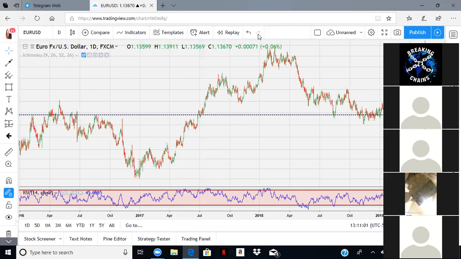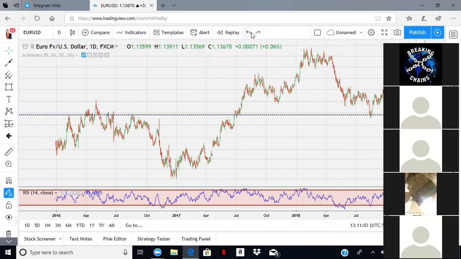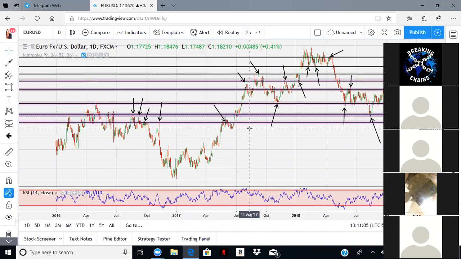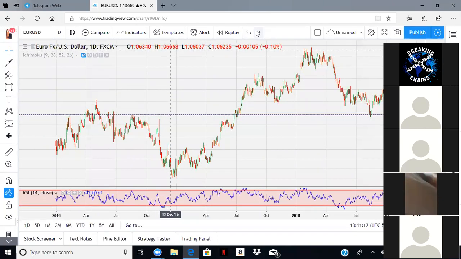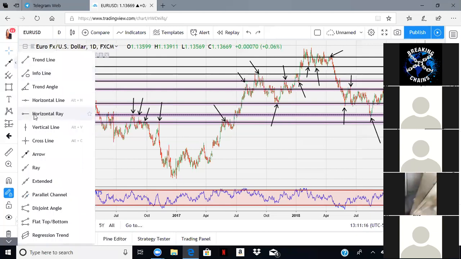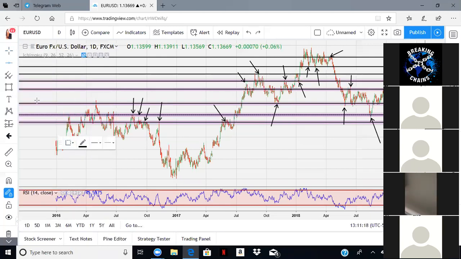So what I want to do is put the floor and the ceiling on to the chart. If this helps you guys better, this is what I used to do.